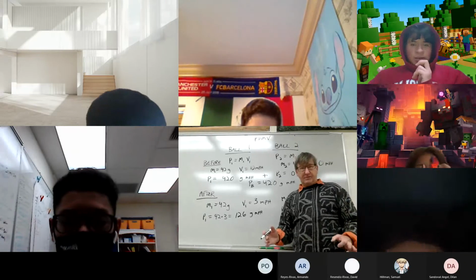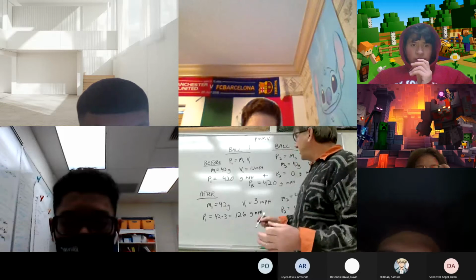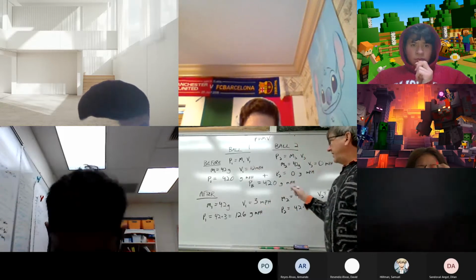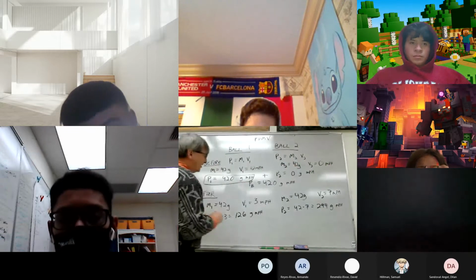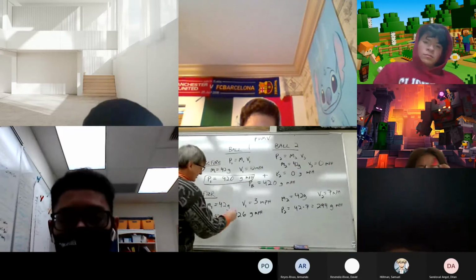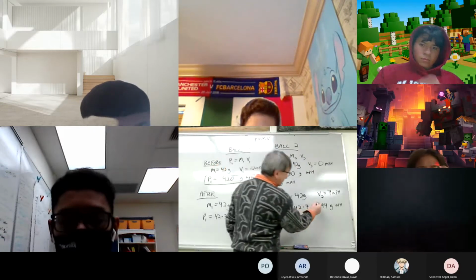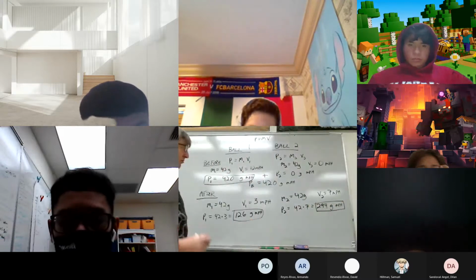So far, so good. We've just taken the mass times the velocity before and after. We're finding out that our greatest momentum was ball 1 at the beginning. Our least momentum was ball 1 at the end, and ball 2 after the collision was in between, right? Isn't that what we observed?